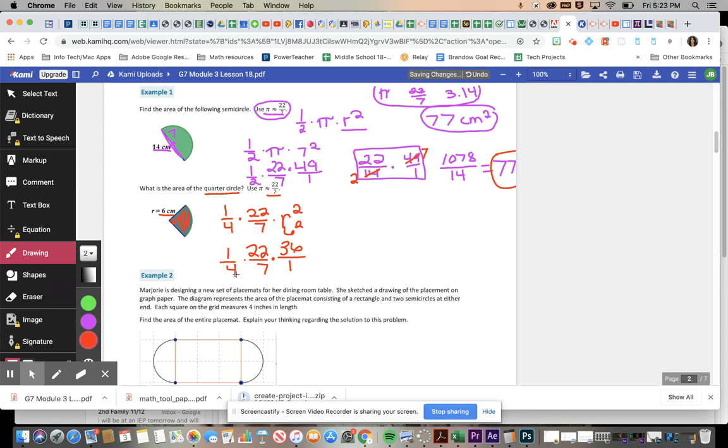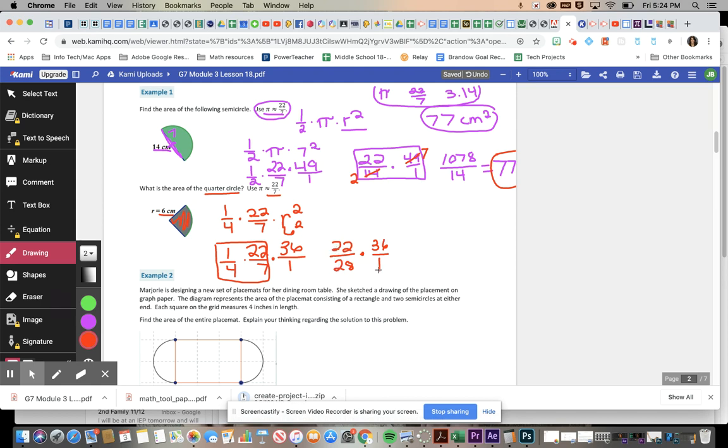All right, and start multiplying across here, starting with 1/4 times 22 over 7. 1 times 22 is 22. And 4 times 7 is 28. Then I have to times that by 36 over 1. And this might be where I try to reduce.